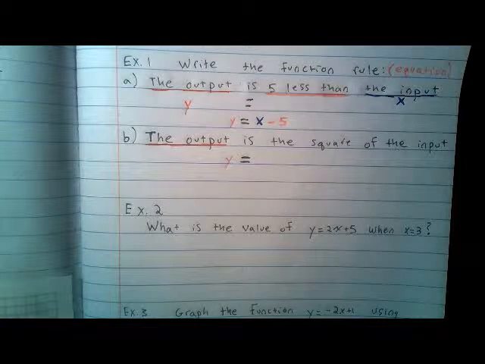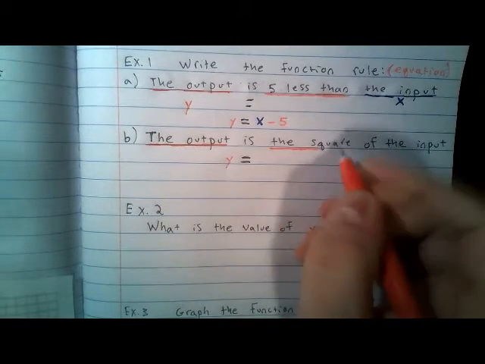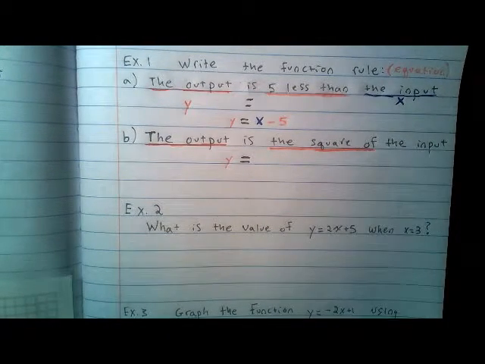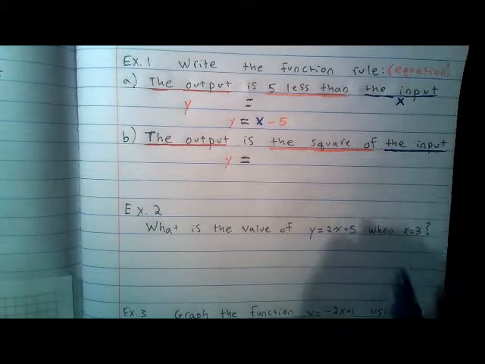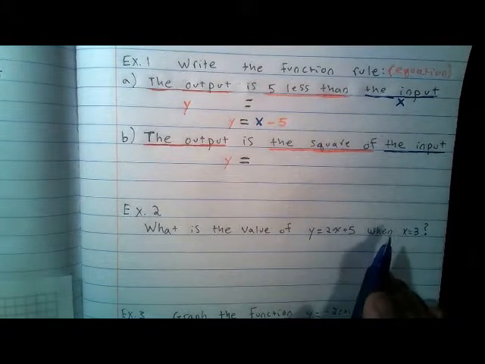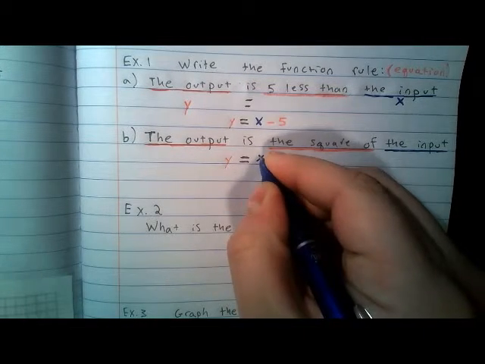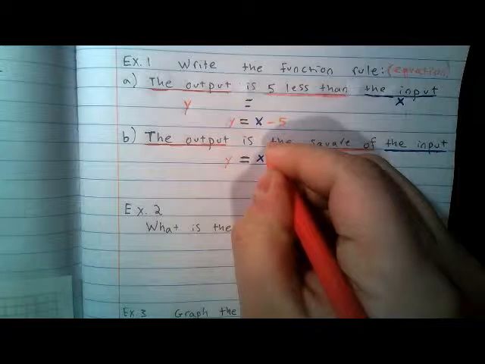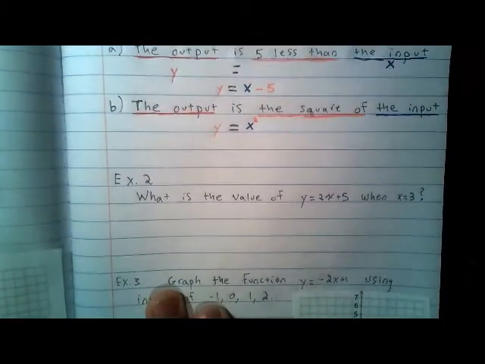The square of the input, which is x. So how do I square the input? Well, you simply write y equals x, and then we square it. The squaring is an exponent. So y equals x squared.